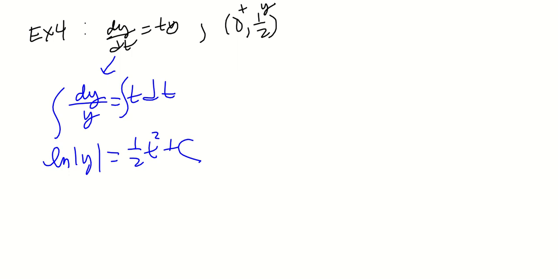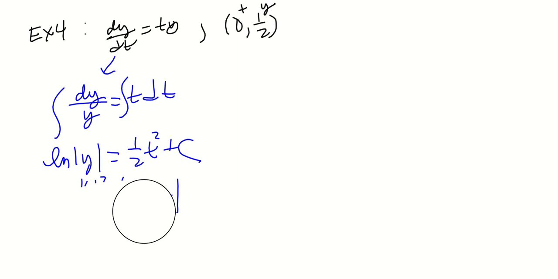Applying our circle rule, we get e to the 1/2 t squared plus c equals the absolute value of y. Actually, I'm going to back up.